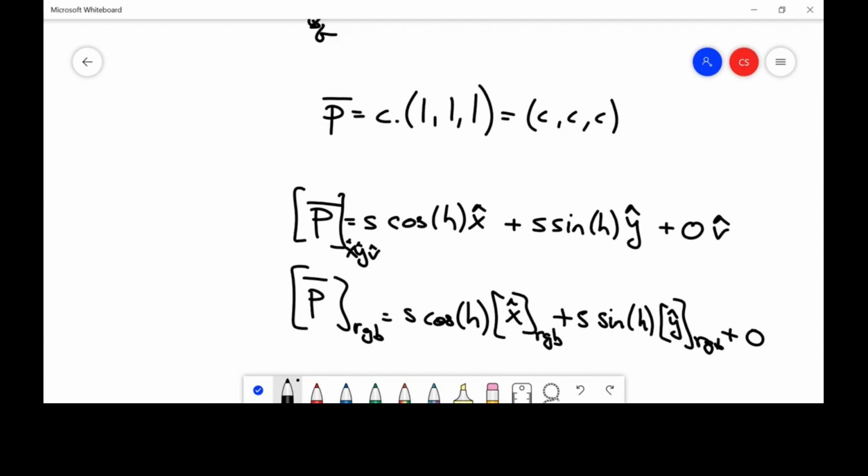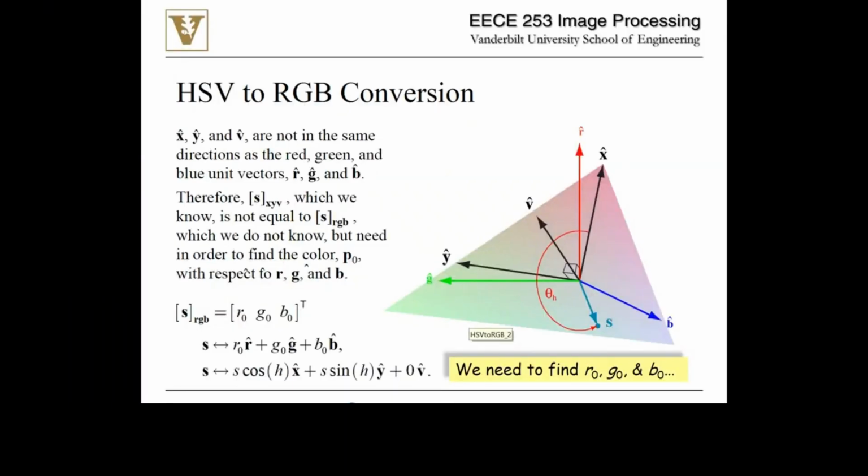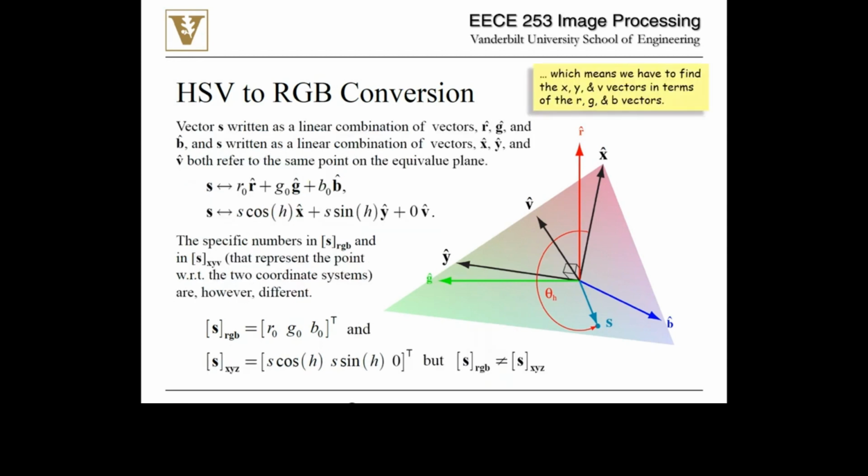So that is what we are doing here. What about this vector? This is the same idea. The coordinates in the RGB coordinate system are different from the coordinates in the X, Y, V coordinate system.